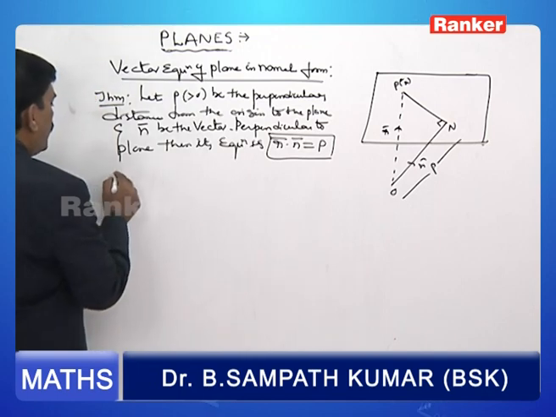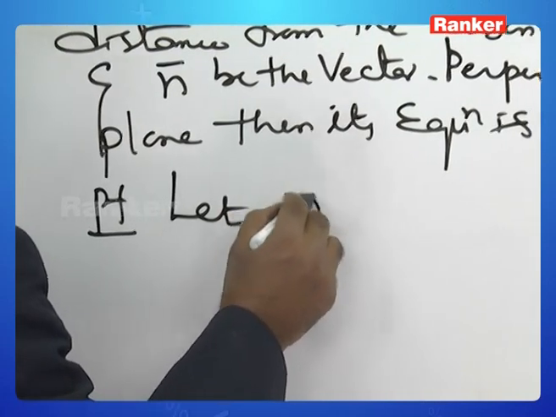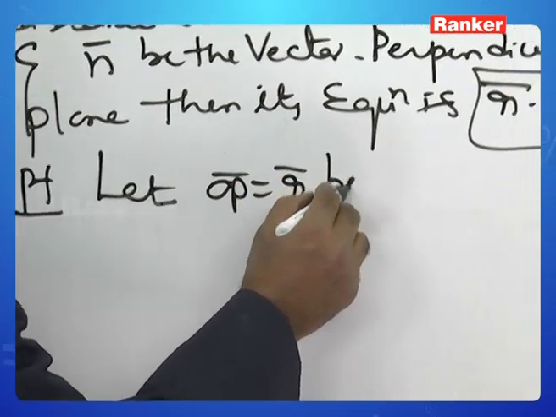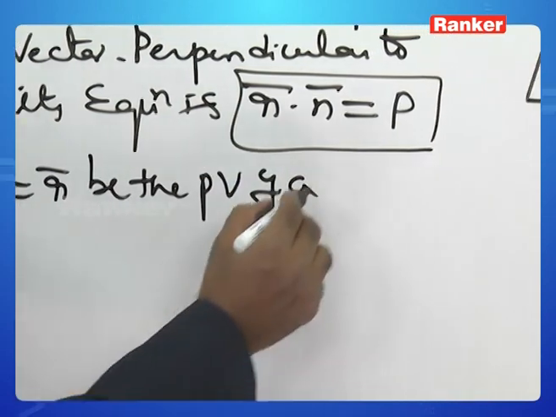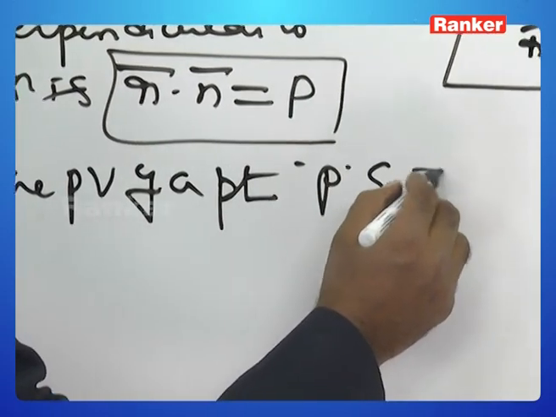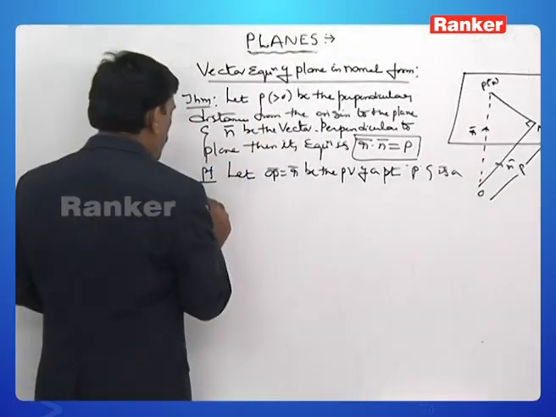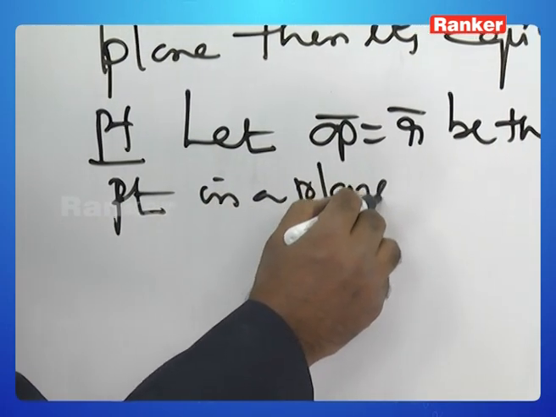So therefore, now what I can write is, proof of this one is, let OP bar is equal to r bar be the position vector of a point P in a plane.